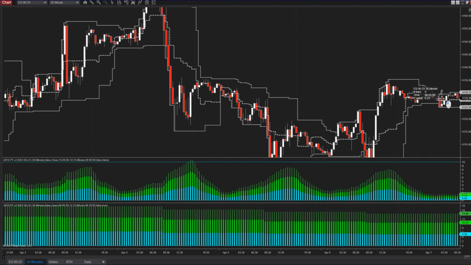And you can see that we're in a low volatility period right now, and it's working its way up to the target.